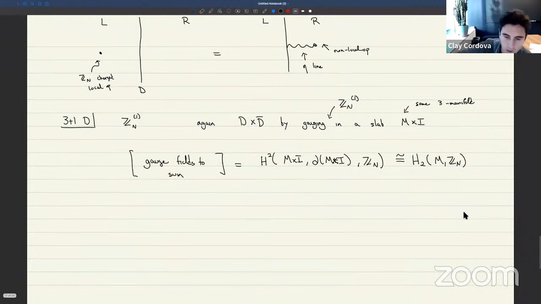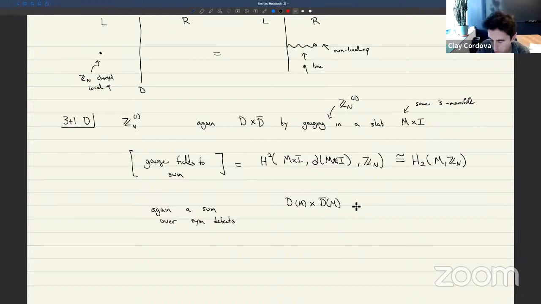So what this means is we're again getting a sum over symmetry defects. So D, I'll note the manifold that it's on explicitly now. D times D bar, both on M, is some unknown coefficient, which we'll have to figure out, times a sum over objects here.